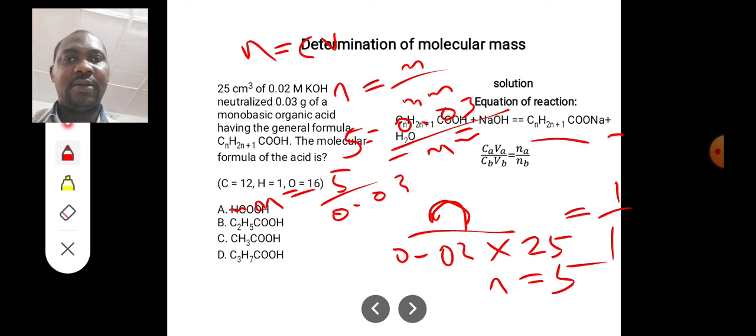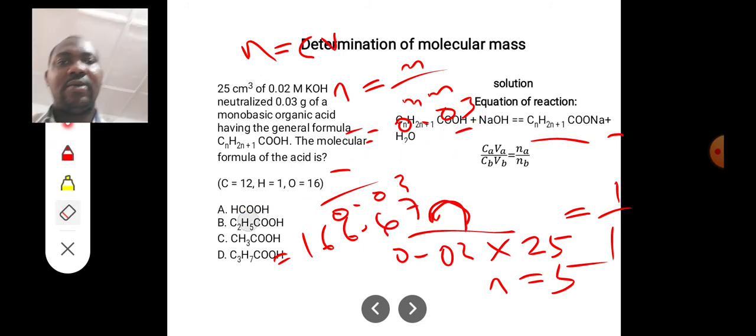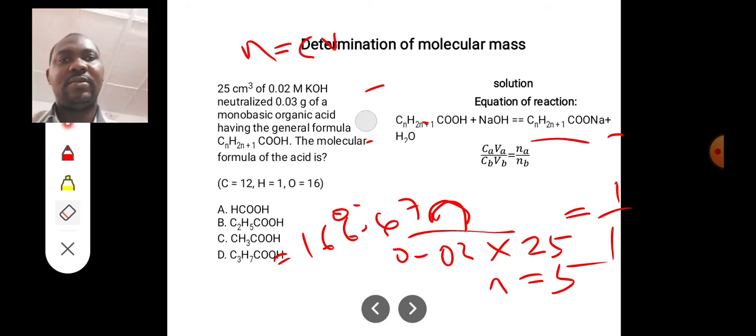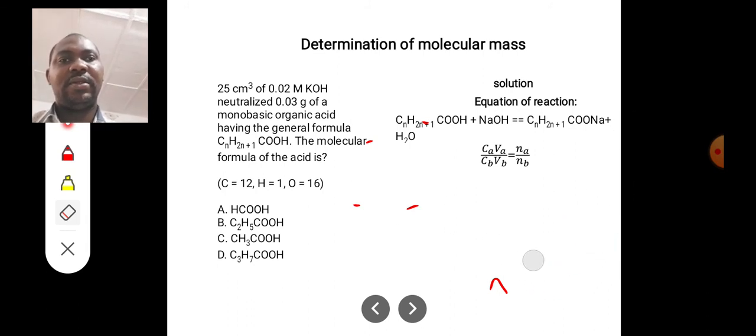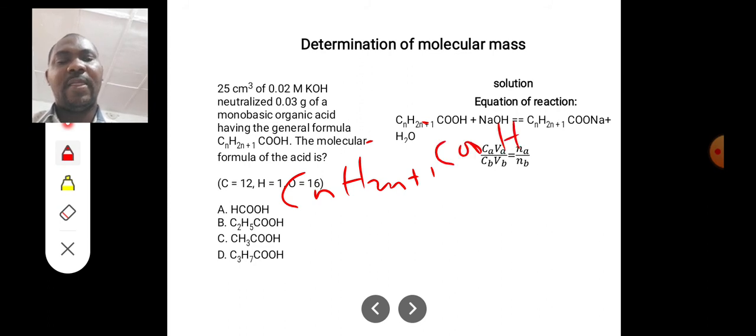Okay, so 166.67 for the acid. Now we can find the molar mass of the alkyl group simply by, so this is saying that CnH2n+1COOH is equal to 166.7.